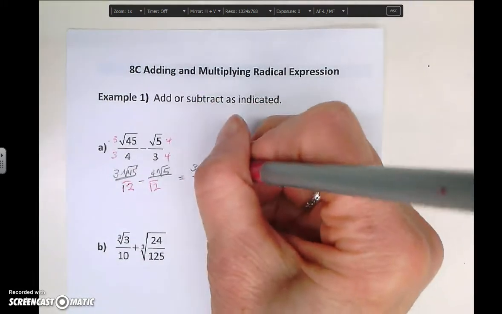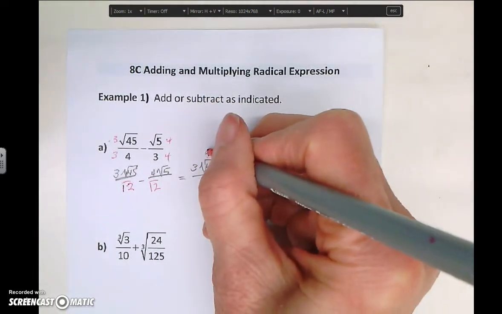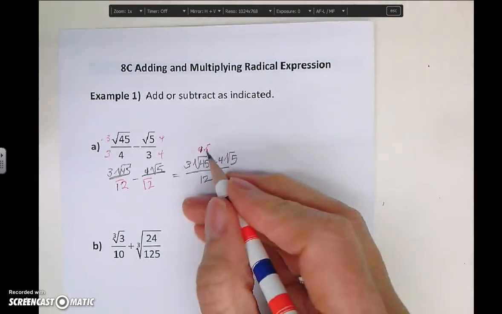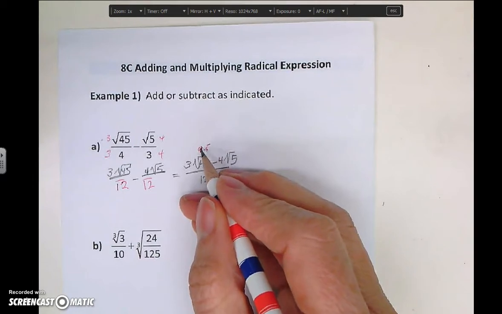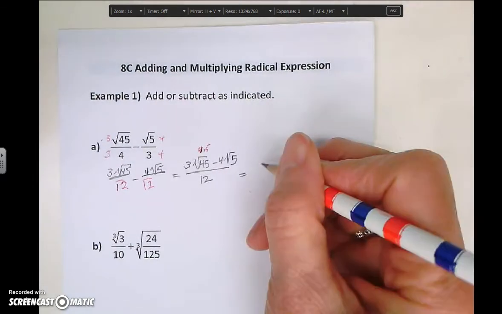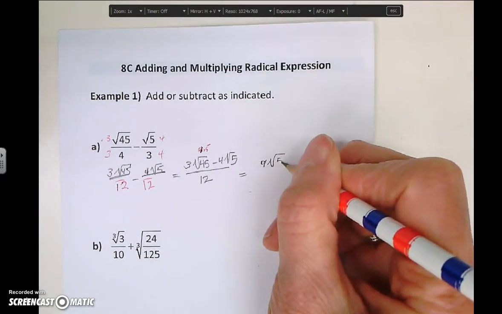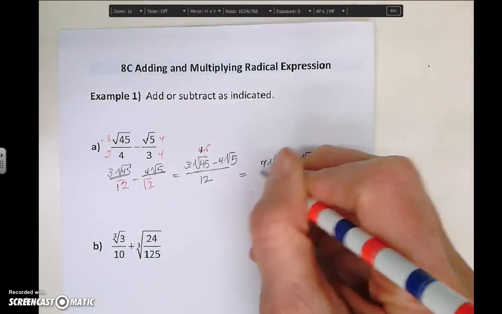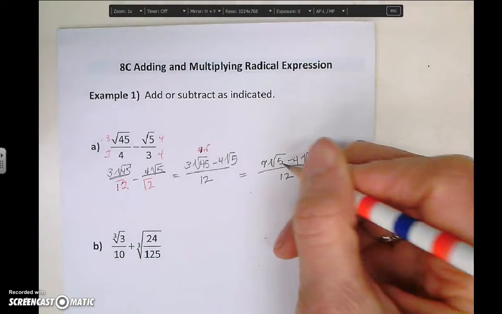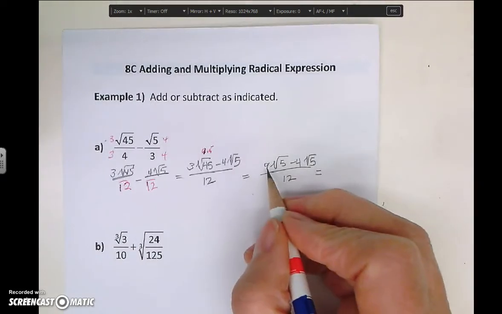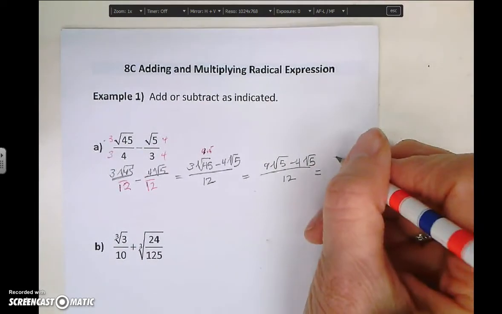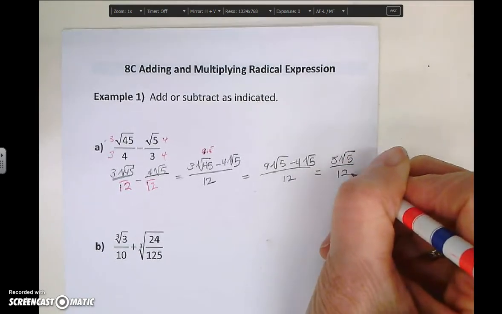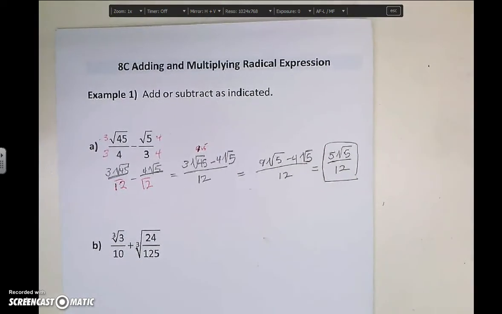However, we notice that 45 is actually a product of 9 and 5, so that we can take the square root of 9, which is 3, and then get 3 times 3 is going to be 9, and then radical 5. And then minus 4 radical 5 over 12. Now we're going to subtract our coefficients, so 9 minus 4, and we're going to get 5 radical 5s over 12 for our answer.